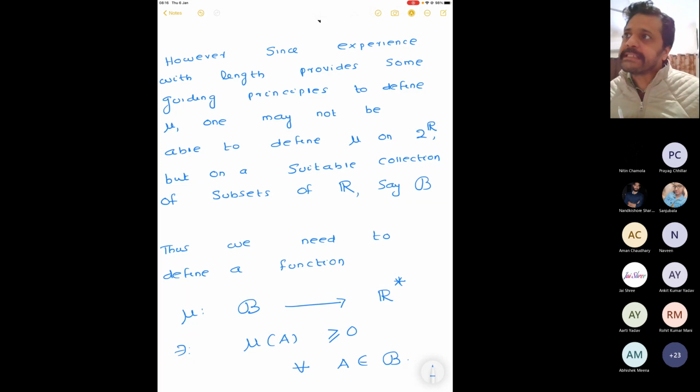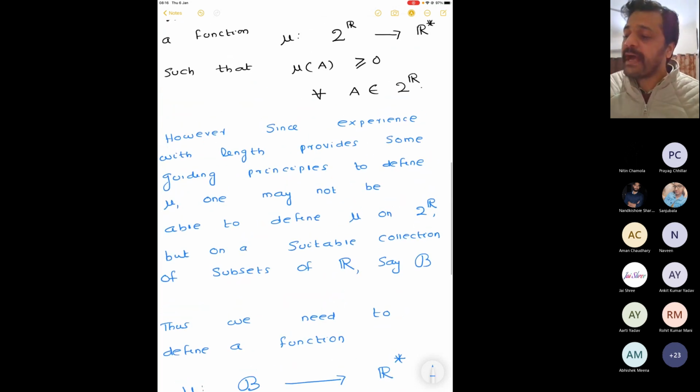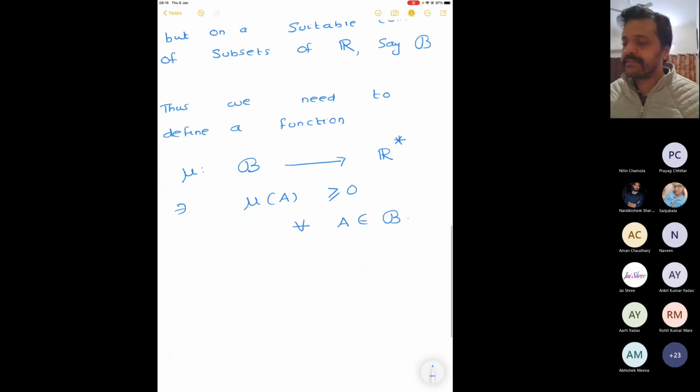So it should be rich enough to include script I. Sometimes it may not be rich enough to include the entire 2 power R. So in between these two, we want to find something. If you are working in R and length, in other cases similar things happen. So this is the point that we mentioned in the last lecture.